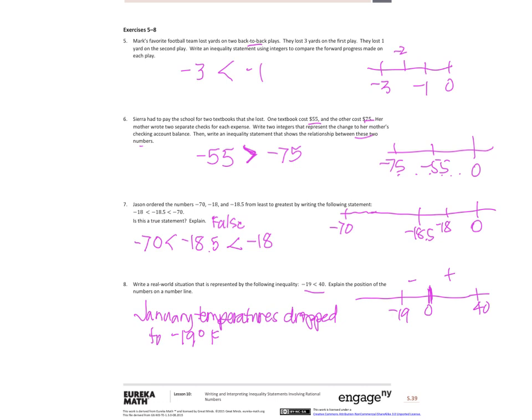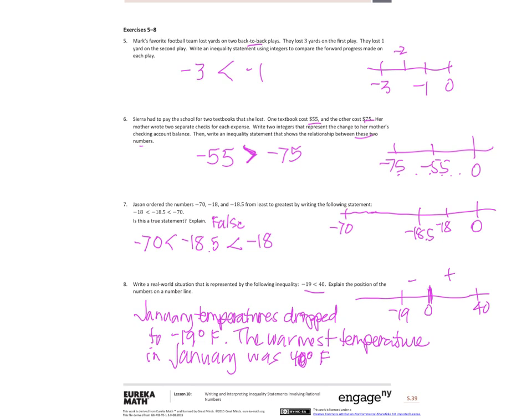And then what if we said the warmest temperature in January was 40 degrees Fahrenheit. This is a 0. That's a degree sign.